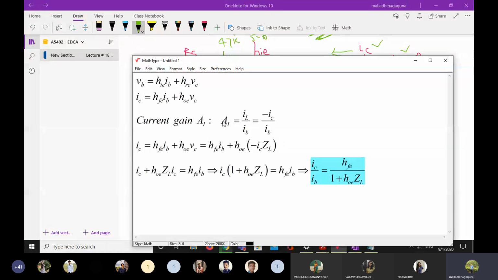But what is my current gain here? Minus IC by IB. So therefore, I can write AI equal to minus HFE divided by 1 plus HOE ZL.